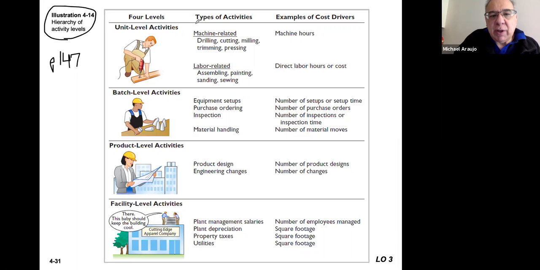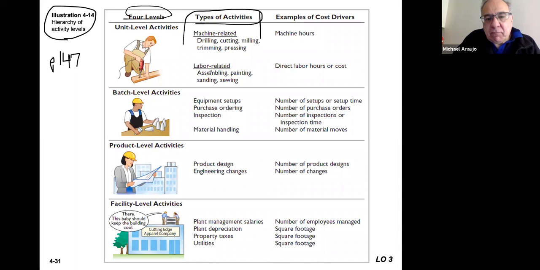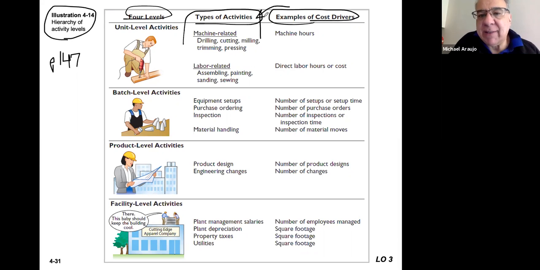And so the second column here actually lists the specific activities that would fall under each category or each level, okay? And then the actual cost drivers, the main cost drivers as part of that activity.